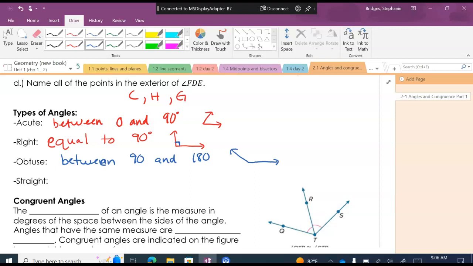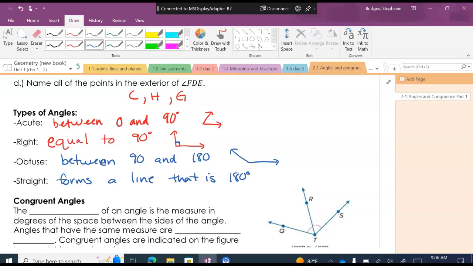Opposite rays make a straight line, which is a straight angle. So we're just going to put, forms a line that is 180 degrees. And you're going to have to use that fact a lot to help you answer questions about straight angles or, we'll talk about those in a couple of minutes.